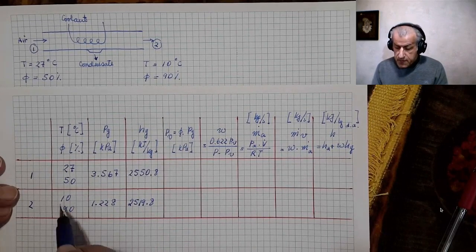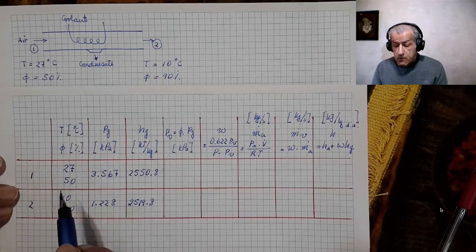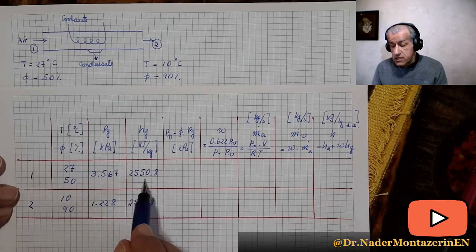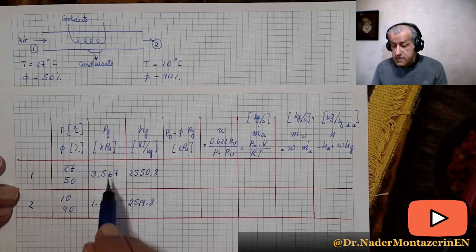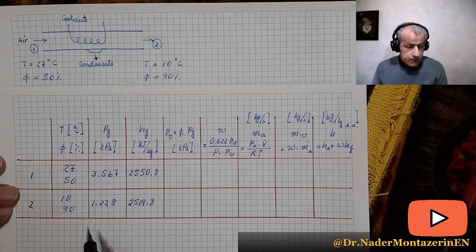So with 10 degrees C, we go to the table and Hg is this value. With 27 degrees C, we go to the table, Hg is this value, and also the saturation pressures are written here.